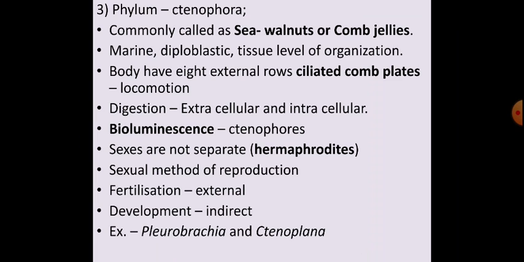Locomotion means movement of the body. They help in walking or movement of the body. So the body has 8 external rows of ciliated comb plates which help in locomotion.